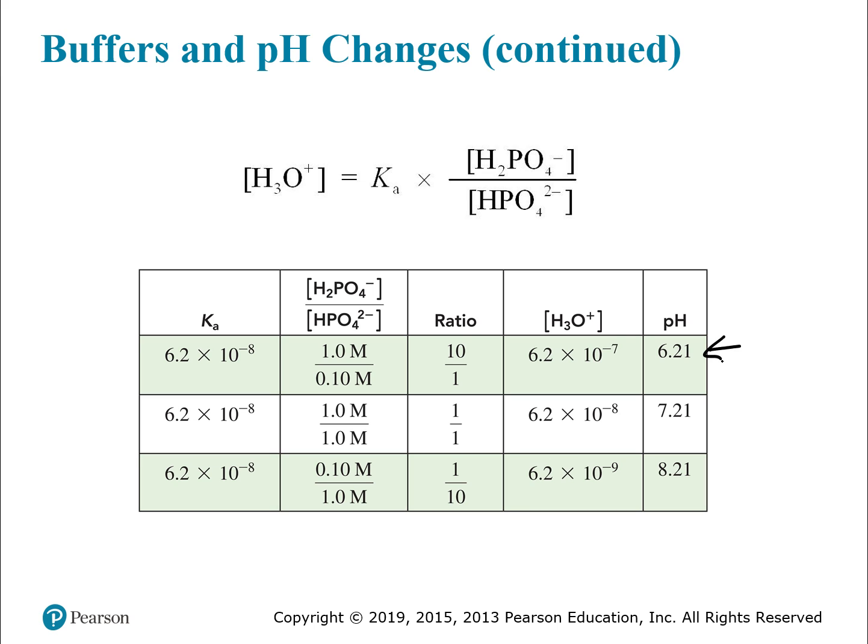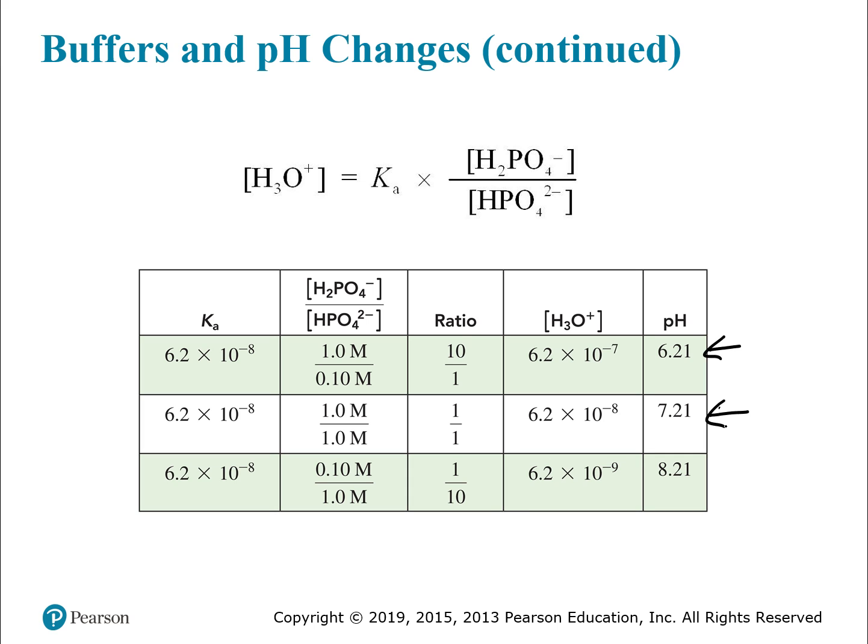If they're equal, the acid and the conjugate base, you'll have a pH of about 7. So that's a major change. It's a 10-fold difference. We went from 10 times the amount of acid to now they're equal, and that corresponded to a change of 1 pH unit.